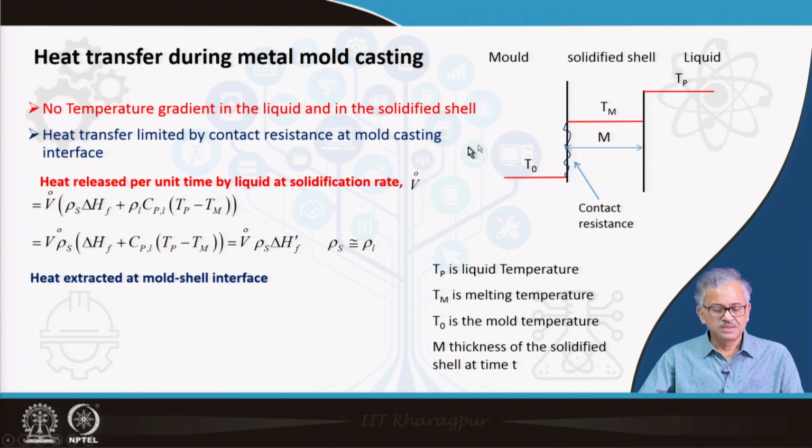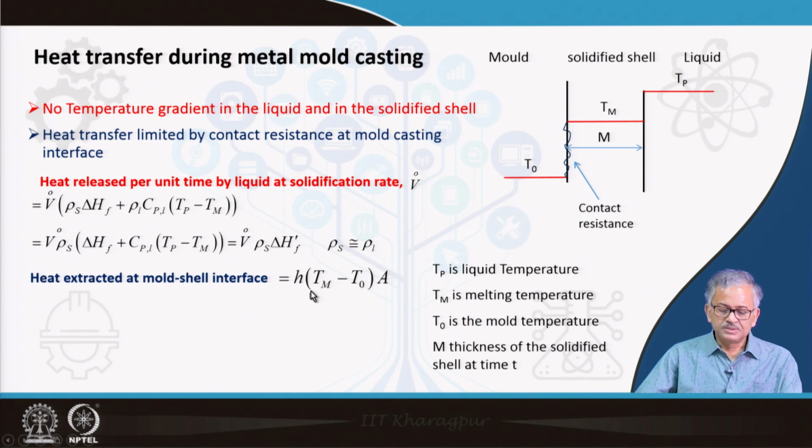So here we can write h into Tm minus T naught into A, where Tm minus T naught is the temperature difference in the thermal boundary layer. At the contact resistance, h basically represents the heat conductance in the thermal boundary layer, and I multiplied by area because this is the flux multiplied by area, giving heat per unit time.